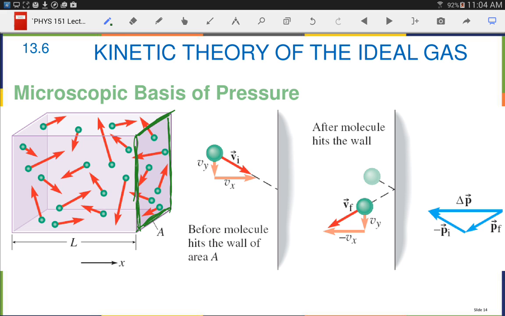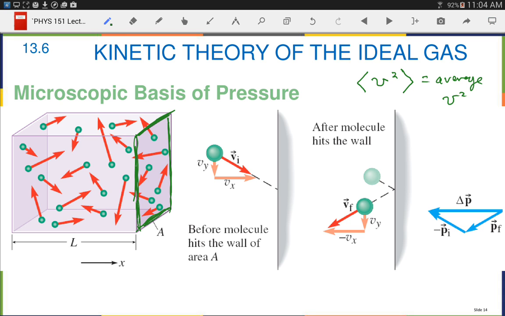There are different ways of writing average. Your textbook uses a bar over the top to say average, so that's the average of the speed squared in the textbook's notation. A clearer way to me of writing that is to put it inside greater than, less than signs. So that means the average speed squared. Why do I say speed squared? Because we're going to be doing that a lot.